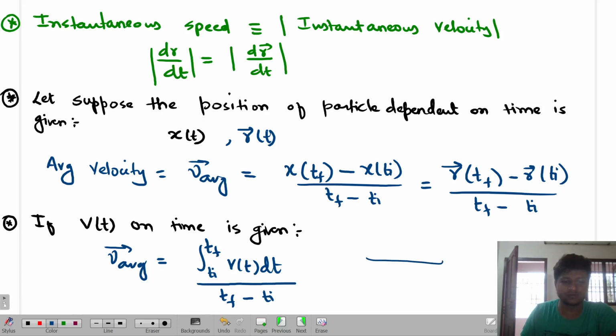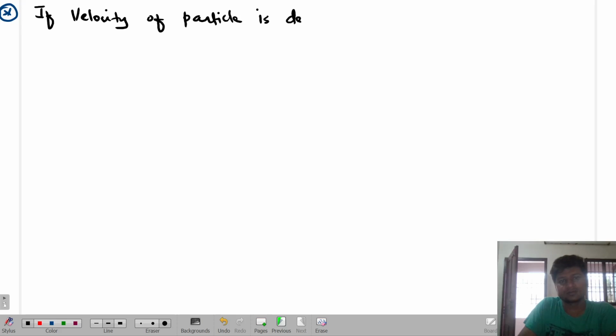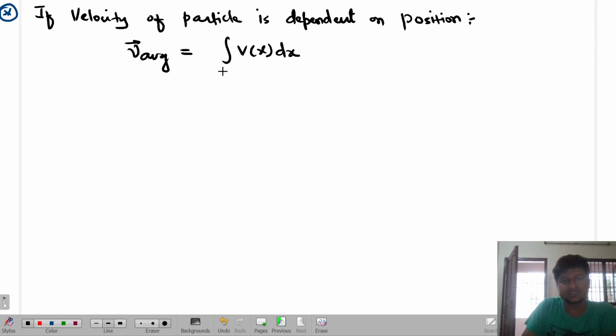As the particle moves, the velocity will change. So the last case is, if velocity of the particle is dependent on position, then I can find average velocity as the integral of v of x dx divided by x final minus x initial. Here the integration is from x initial to x final. Are you able to get me or not?